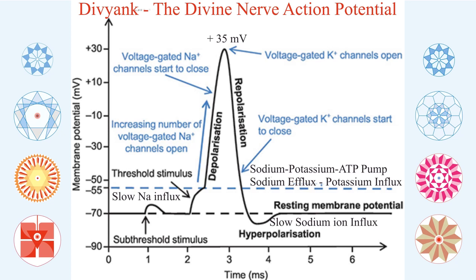Then potassium opens, potassium comes out. Then the sodium potassium pump pushes sodium completely out and brings potassium inside the cell once again, leading to hyperpolarization, and then sodium going in again to bring it to resting membrane potential.